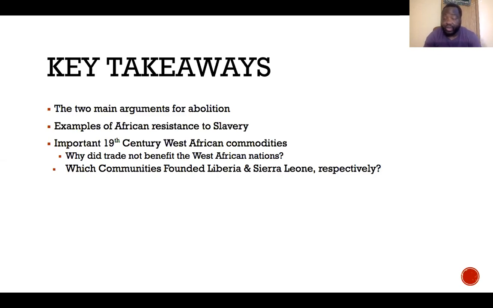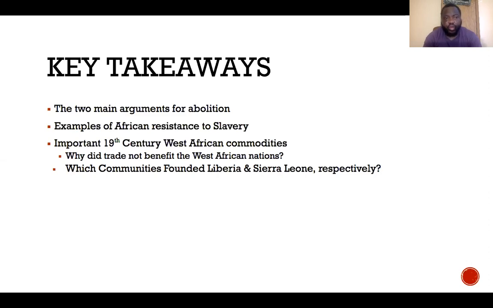So just be able to articulate those as well. Why did trade not benefit the West African nations, or the West African, I won't even call them nations at this point, maybe nations, but the West African communities? They would often only benefit the leaders, but the economies at large did not benefit significantly.